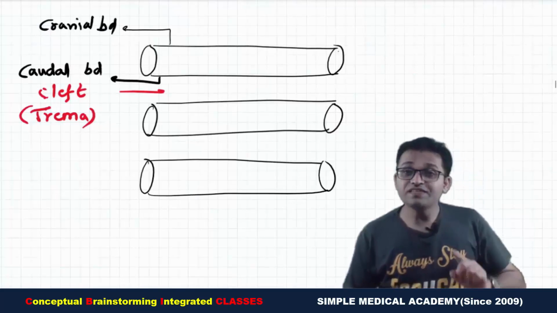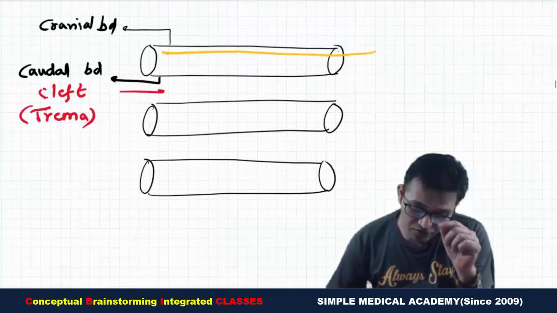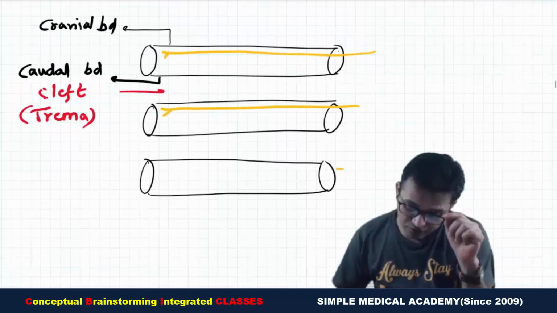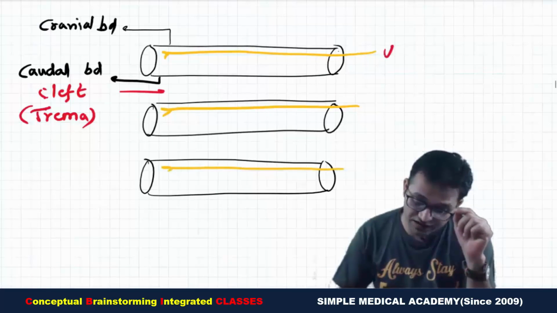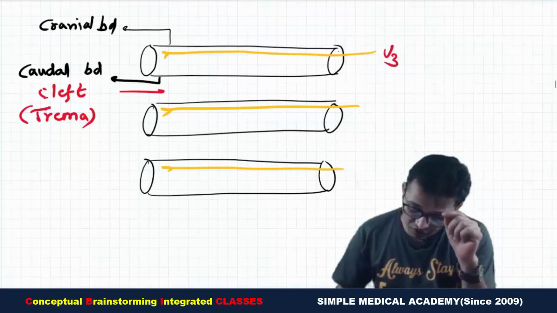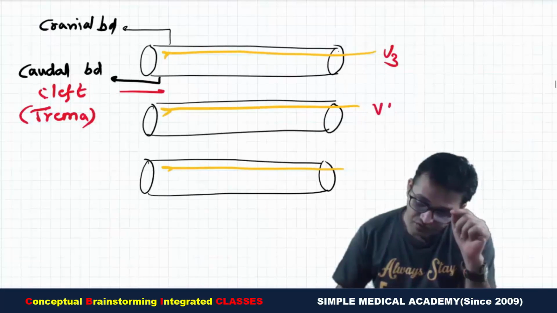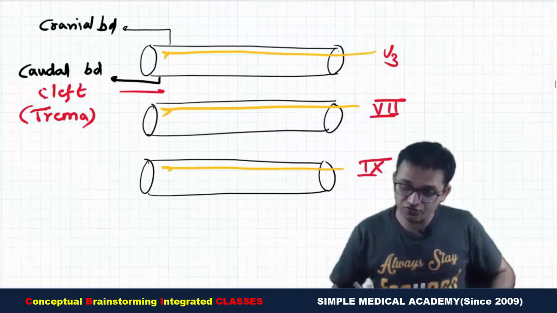Now see, within each arch the main nerve runs along the cranial border. So this is the main nerve of each arch. Can you tell me the names of these nerves? The nerve of the first arch is the mandibular nerve, the nerve of the second arch is the facial nerve, and the nerve of the next arch is the glossopharyngeal nerve.